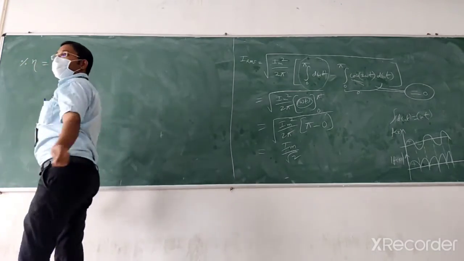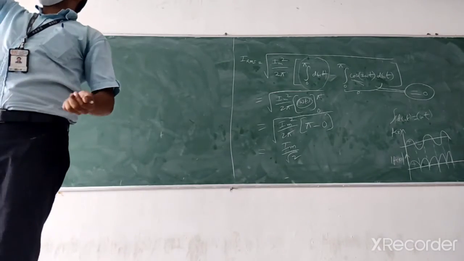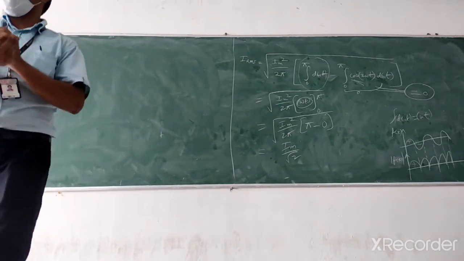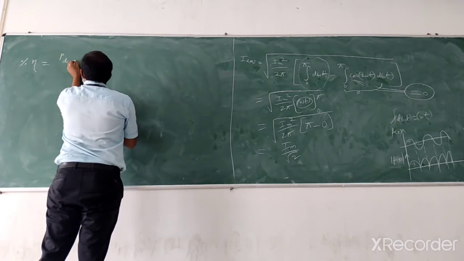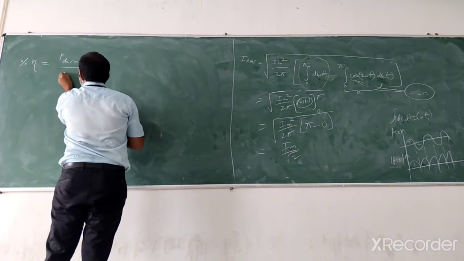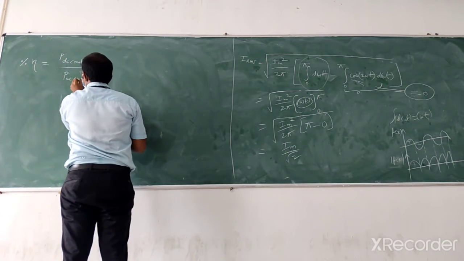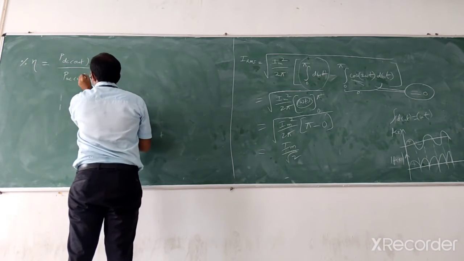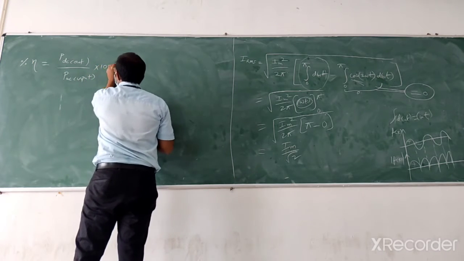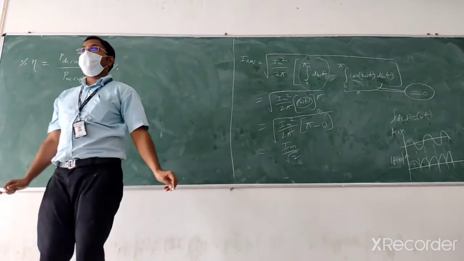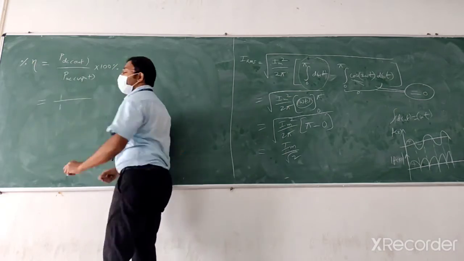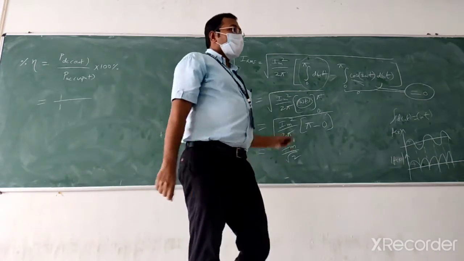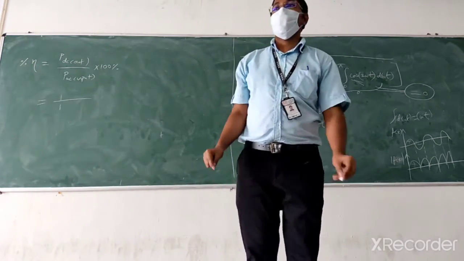What is the formula for percentage efficiency? P out by P in. What is PDC out?